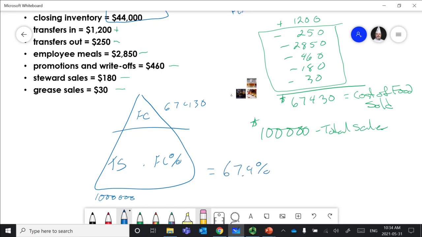Pretty high, right? We need some more food sales. But that is our actual food cost percentage for the month based on $100,000 in sales, right? Same triangle, except now our selling price becomes total sales.